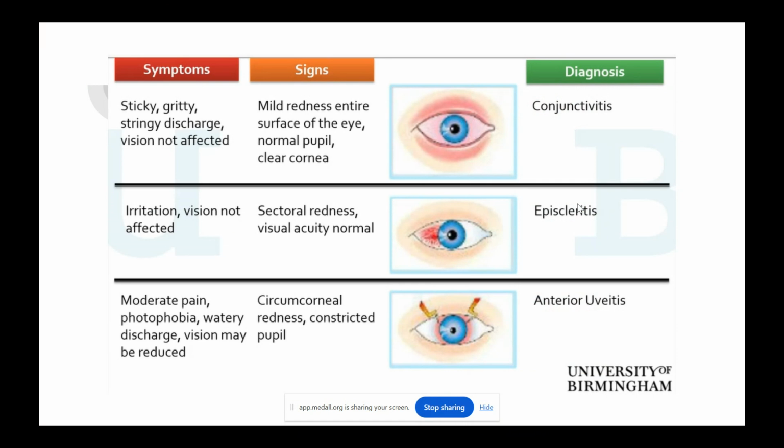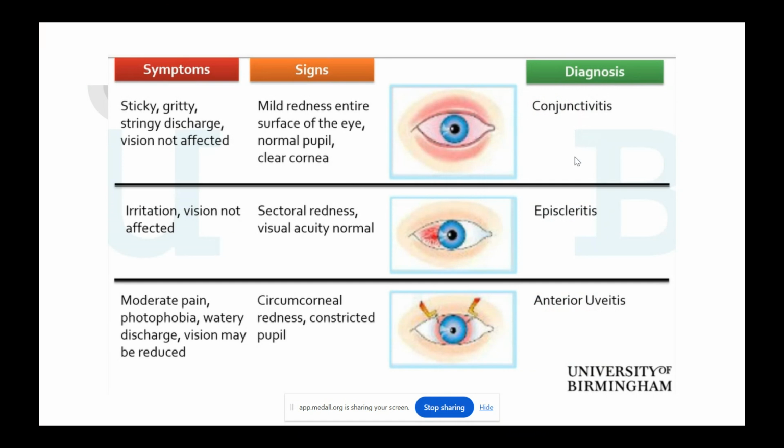You get redness of the entire surface of the eye. It just looks kind of red, and you'll have a normal pupil and clear cornea, so no change in pupil size and nothing in your anterior chamber. They will often present with different extents of stickiness or grittiness. They might also present with discharge, depending on what caused the conjunctivitis.